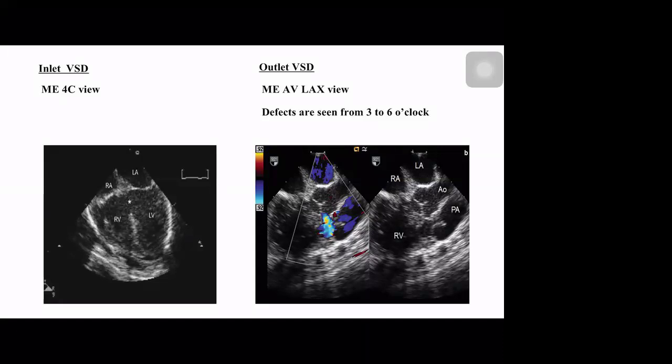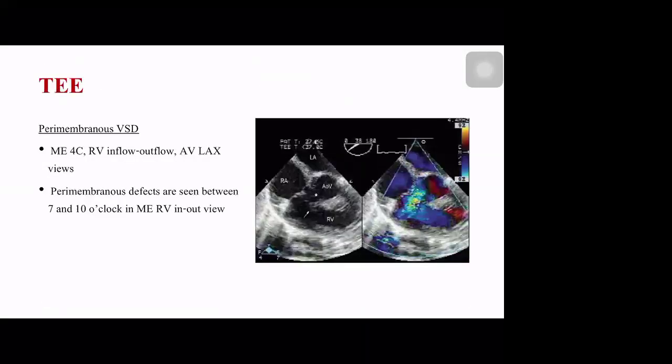So in mid-esophageal aortic valve long axis view, if there is confusion between perimembranous VSD and the outlet VSD, go to the RV inflow-outflow view. In this view, if the defect is located between 3 to 6 o'clock, undoubtedly it is outlet VSD. And if it is located between 7 to 10 o'clock, undoubtedly it is perimembranous VSD.